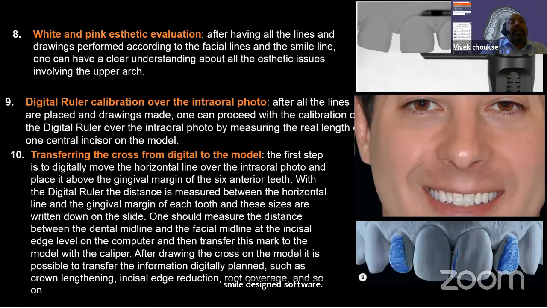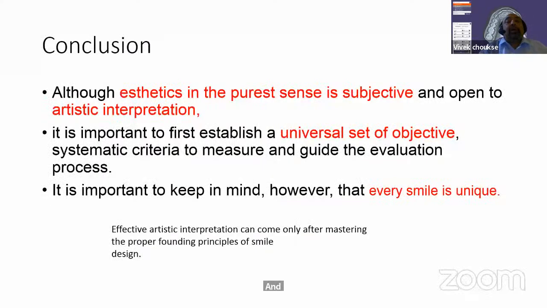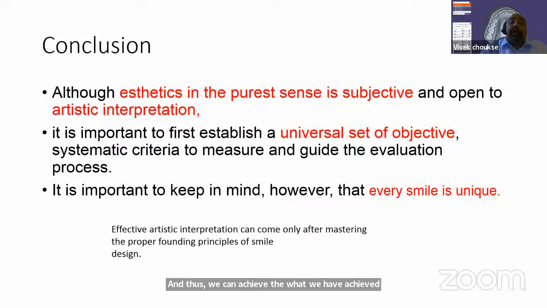So through this design software, we can go through the white and pink aesthetics, then go through the digital ruler, and from transferring the cross from the digital to the model, we can thus achieve what we have achieved digitally on the model. So I might conclude in the end that aesthetics in the purest sense is subjective and subject to artistic interpretation.